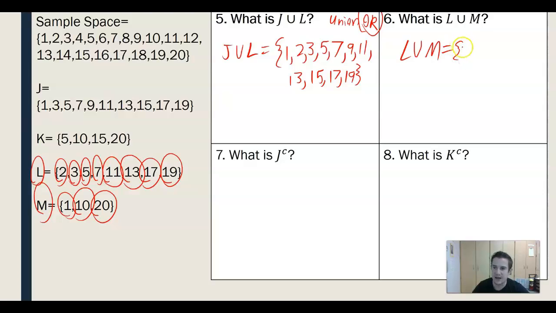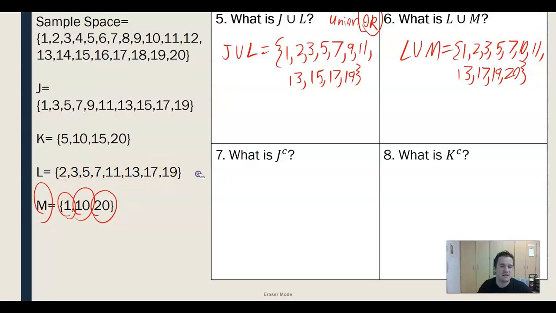Those were all the numbers that were either in set L or set M. All the numbers only listed once, written in these curly brackets. So those are some examples of unions of sets.